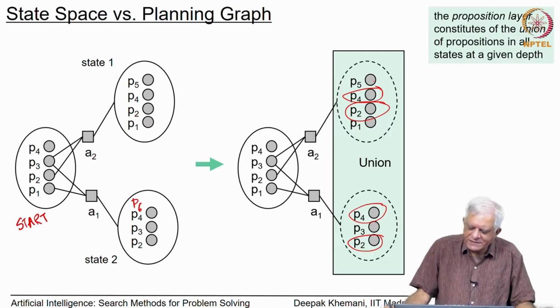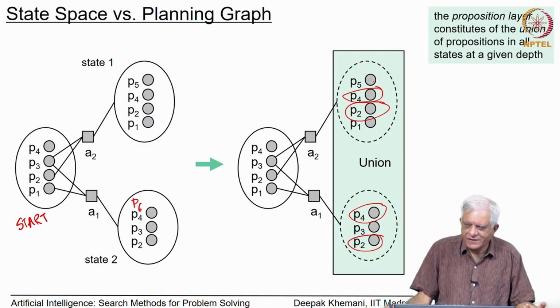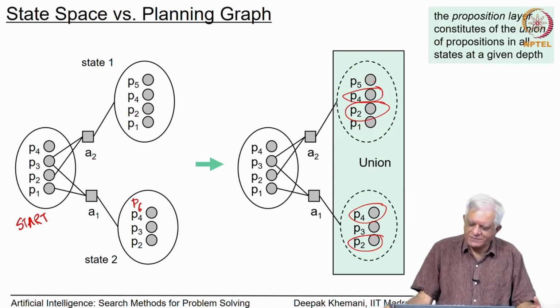So, in a sense this can give us some insight into what makes graph plan tick, and it is that instead of considering all possible sequences of actions and all possible states that you can go through, which can grow exponentially, it compresses them into a layer which somehow implicitly contains all possible states.